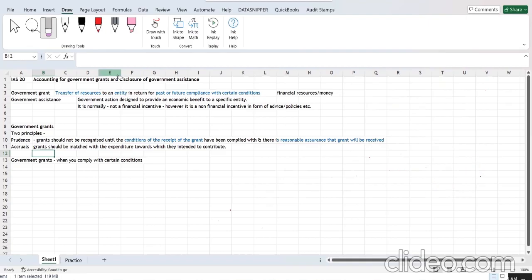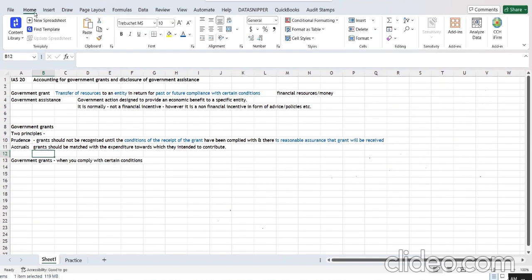Okay, perfect. Let's move ahead. Now, these two are the very basic principles that we will be using, but the IAS 20 is made on these principles. So if you understand these two principles, prudence concept and accruals concept, then understanding the standard will be way easier for you.